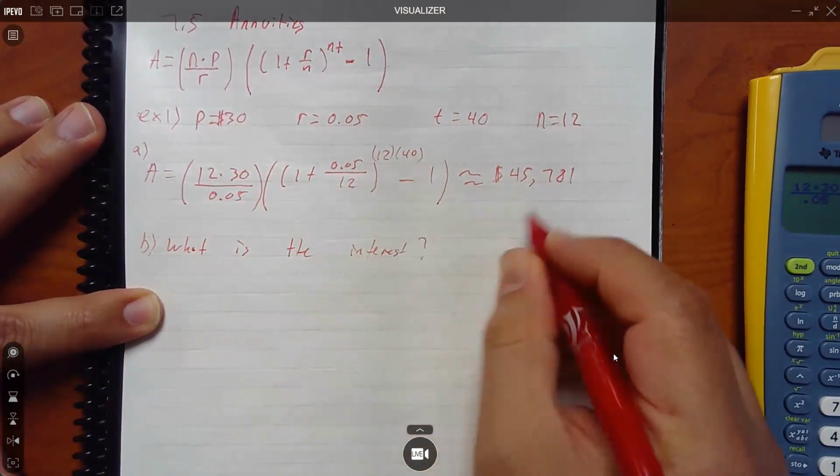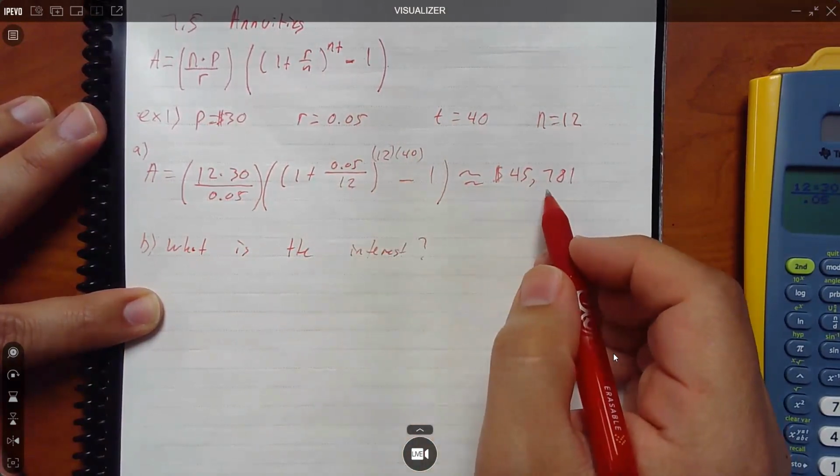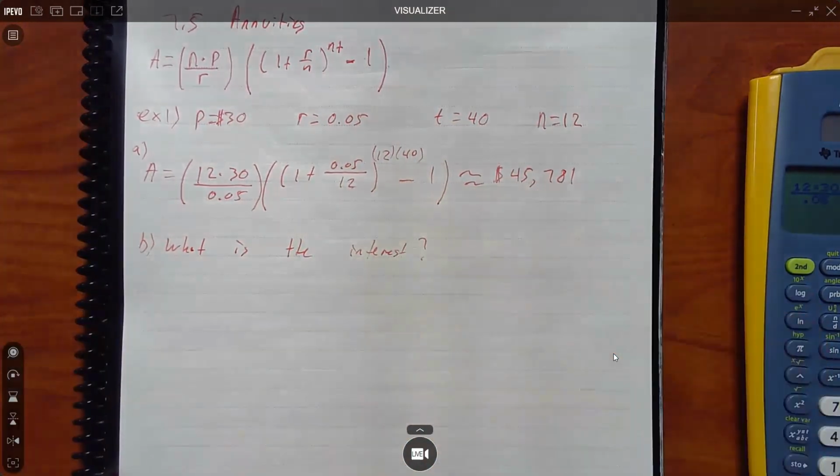Because I'm pretty sure that this is somewhat more than just $30 a month, right? You made money on the interest. So how would you figure out how much of that is interest? I already did the hard part. The second part, if you just think of it logically, it's not too bad.